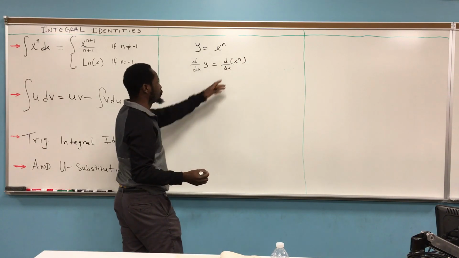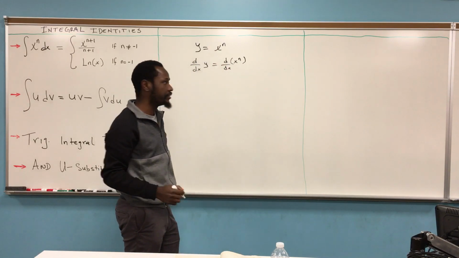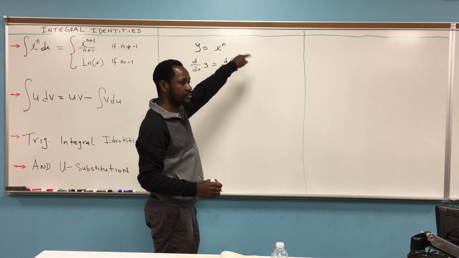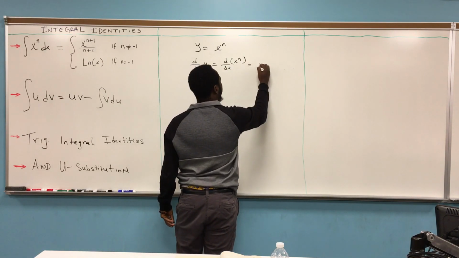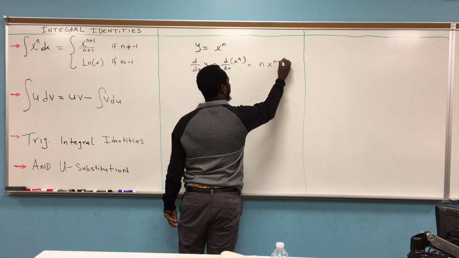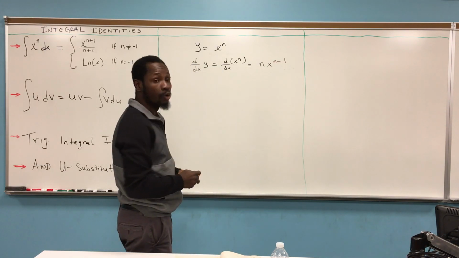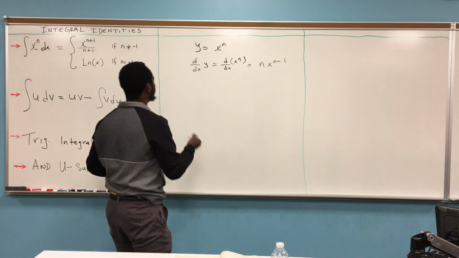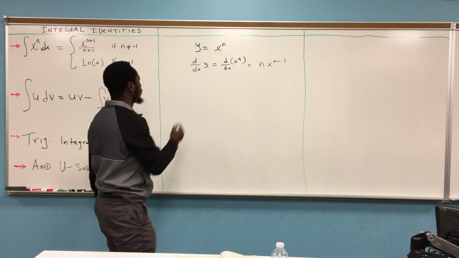The exponent drops down, and then the exponent is updated by reducing it by 1, right? So you have n x to the n minus 1. That's what we do for a polynomial. This is a polynomial of a single term.